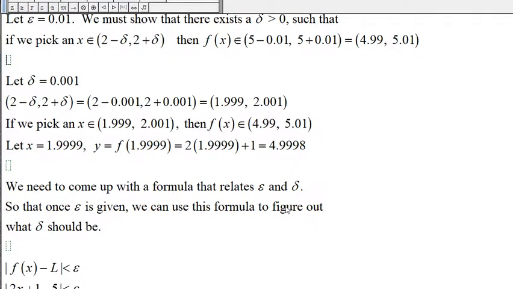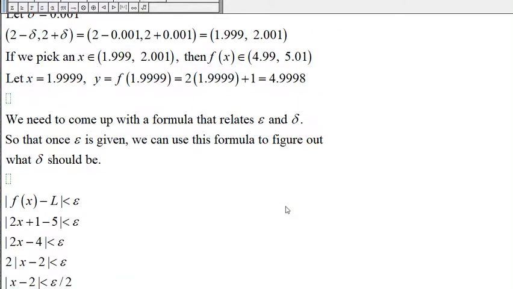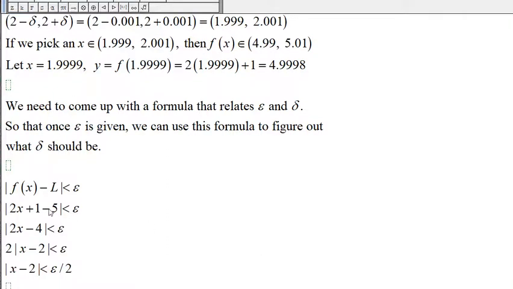And so for this particular example, we have the following. Absolute value of f of x minus L, f of x is 2x plus 1, L is 5. And so 2x plus 1 minus 5 is 2x minus 4. Factor out the 2, we get 2 times the absolute value of x minus 2.